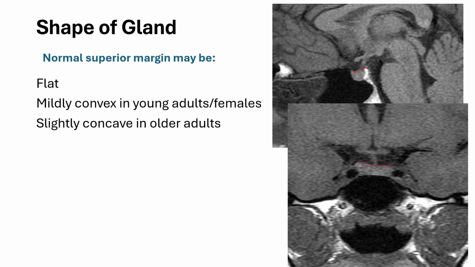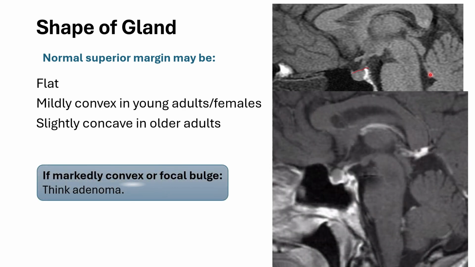You can see here the upper image shows slight convexity, whereas the lower image shows a flat upper surface of the pituitary gland. If it is markedly convex or has a focal bulge, then think of pathology, most commonly a pituitary adenoma. Here there is convexity in the upper margin of the pituitary gland, and this is due to an adenoma.